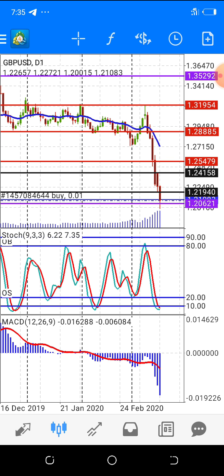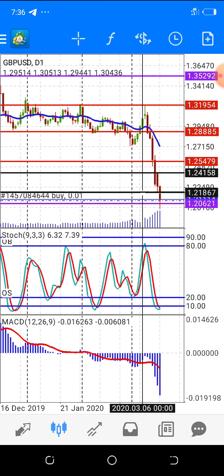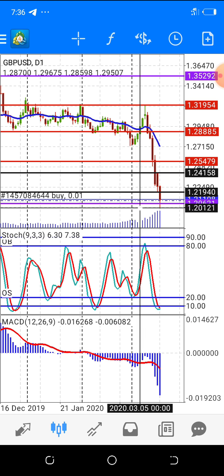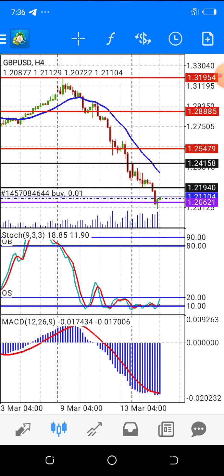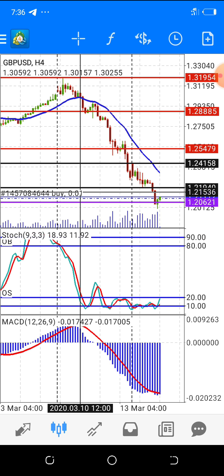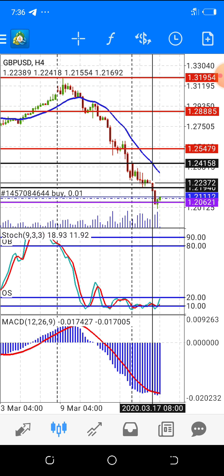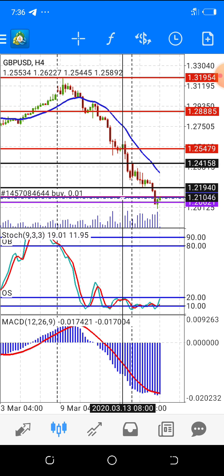Okay, so let's see what happened when price got to it. You can see here that price broke the low of yesterday's candle. Let's go to the 4-hour. On the 4-hour, you'll discover that this was the high of yesterday's candle, and price broke the low and began to trade lower until it got to the weekly support area.